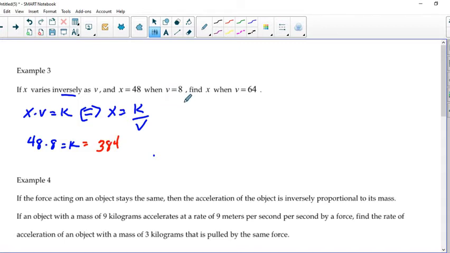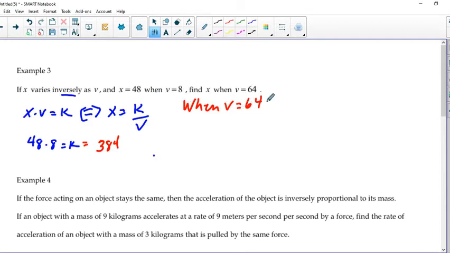Okay, so now when v is 64, what is x equal? Notice that v has gone from 8 to 64. So our expectation, since they vary inversely, is that x is going to decrease. The value of x should decrease.